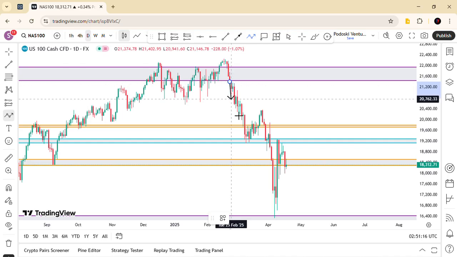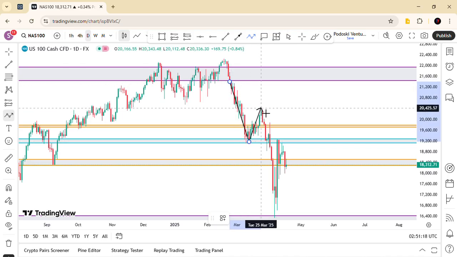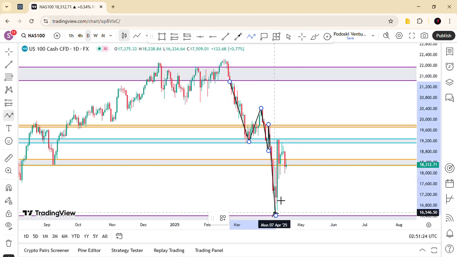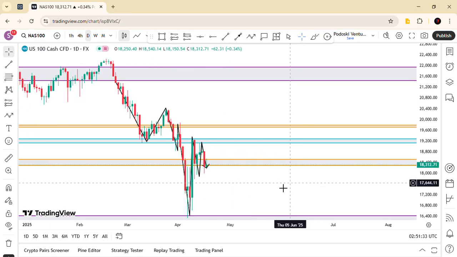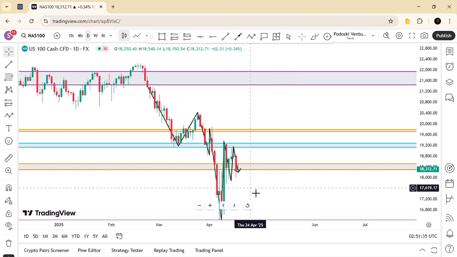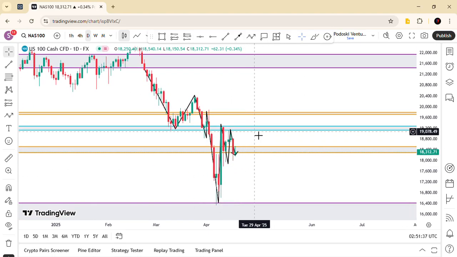This is why I said price is in a downtrend. See, a lower low, a lower high, a lower low, a lower high, and we see another low. Since price is forming a series of lower lows and lower highs, we are going to wait for price to break out.